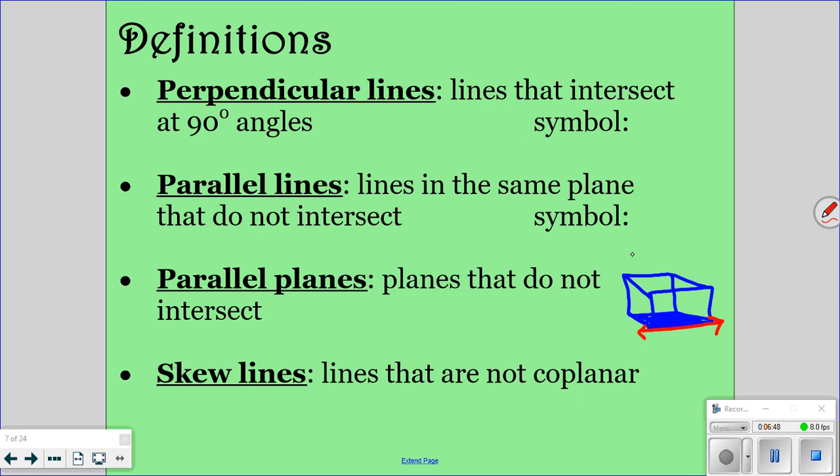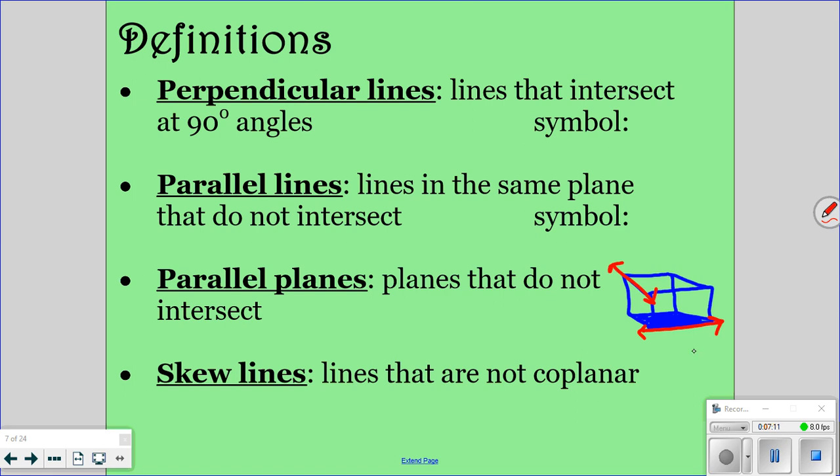However, if I put a line here on this edge, is there a way to put this line and this line on the same plane? No, they will never be on the same plane. And so that would be an example of skew lines. If y'all want to look at a tissue box, it's the same concept.